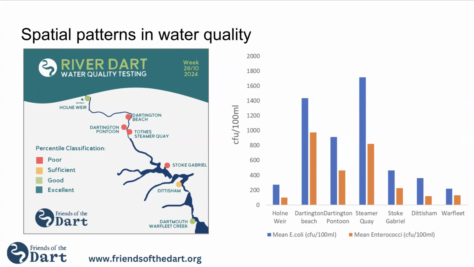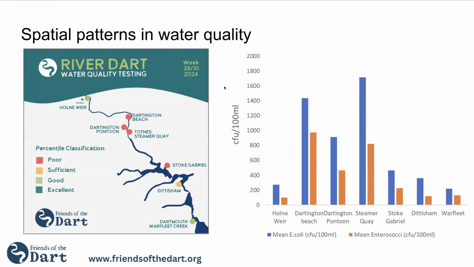But then as you move down to Dartington, so Dartington Beach, bacterial concentrations have been quite high, quite consistently. And then they've been a little bit lower down at Dartington Pontoon before really spiking at Steamer Quay, which is probably the most polluted out of all of the sites that we've been monitoring.